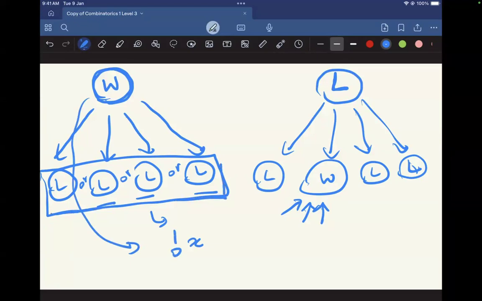If OR is false, then it would be a winning state. So if everything is false or everything is losing, then it would be winning. Otherwise, if any one of these is winning, then this state would be losing. Yes or no?